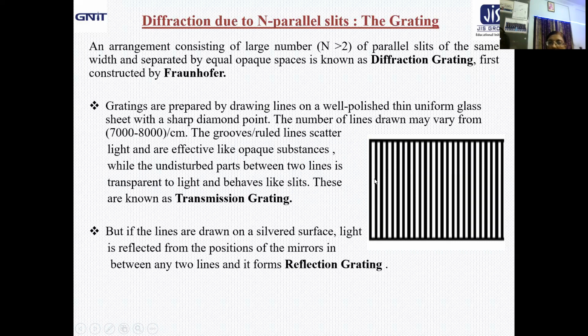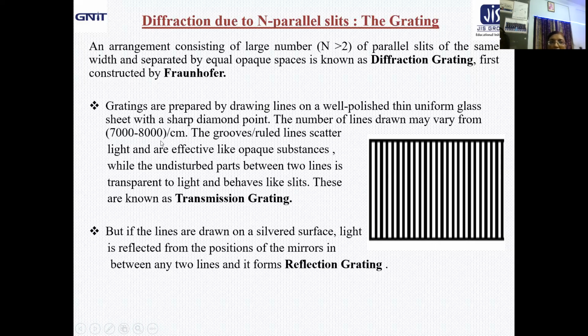And in between the lines, you will find the transparent portion of the glass through which light is transmitted, just like the case of slit. So the parallel arrangement of slits separated by equal opaque spaces is in general called a grating. This is already shown here.